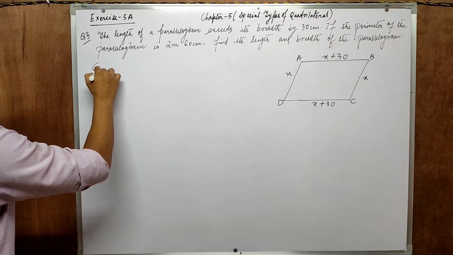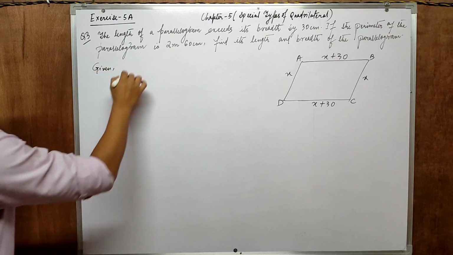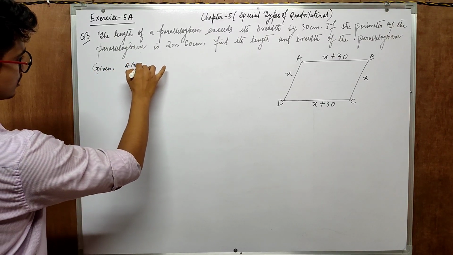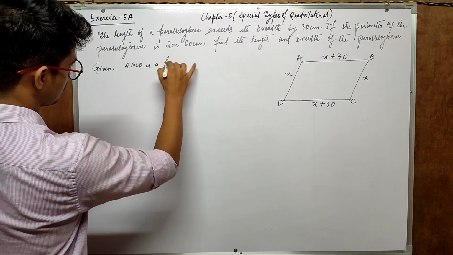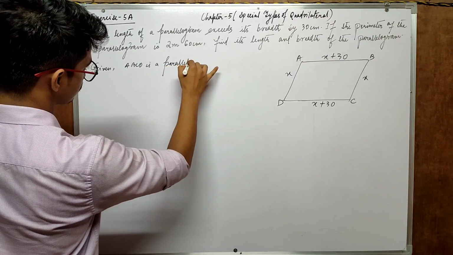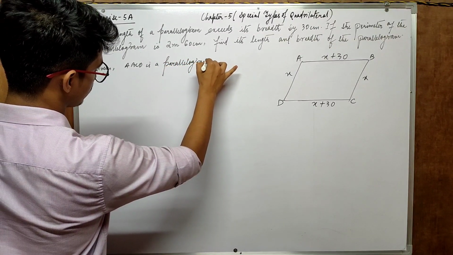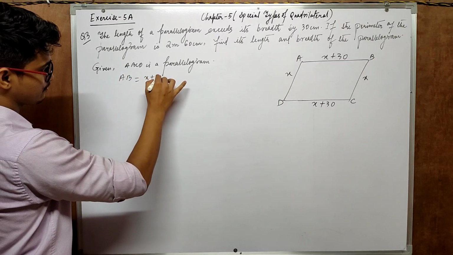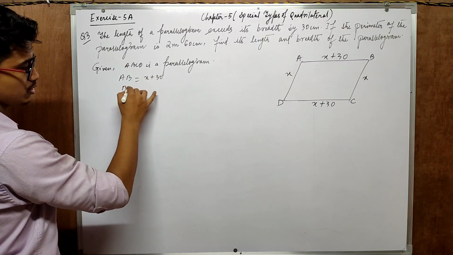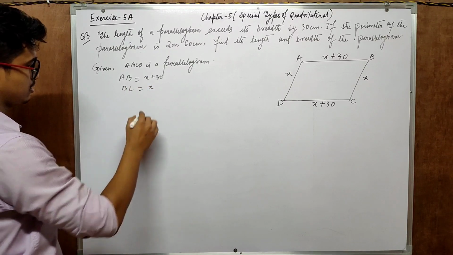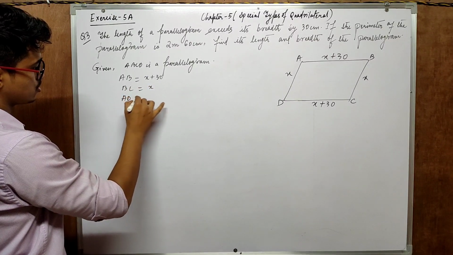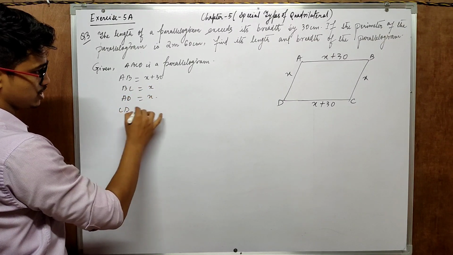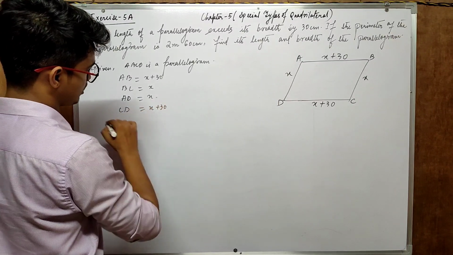What is given? Given ABCD is a parallelogram. Here AB equal to x plus 30, BC equal to x, AD equal to x, and CD equal to x plus 30.